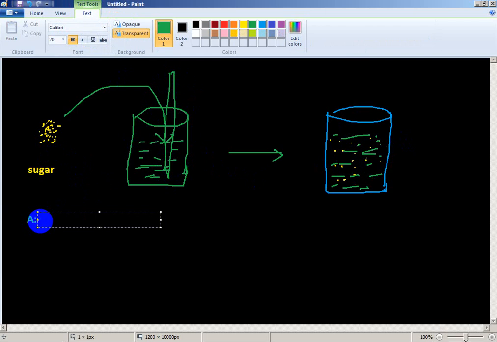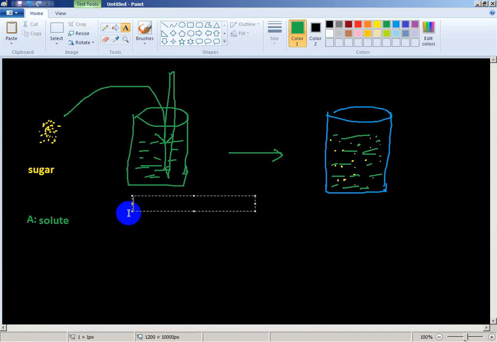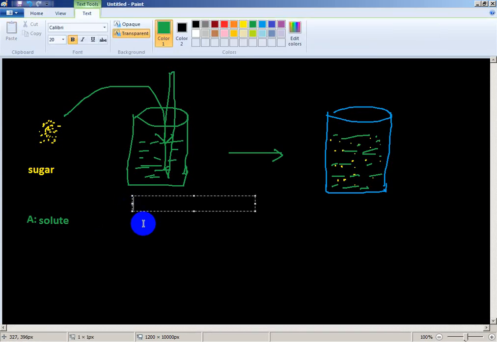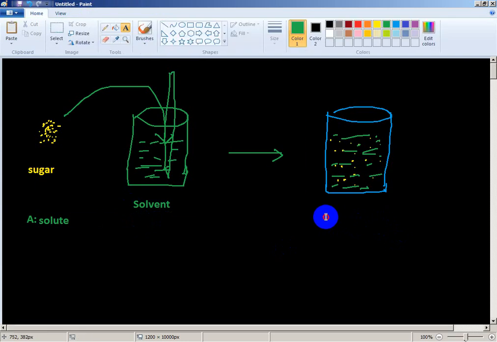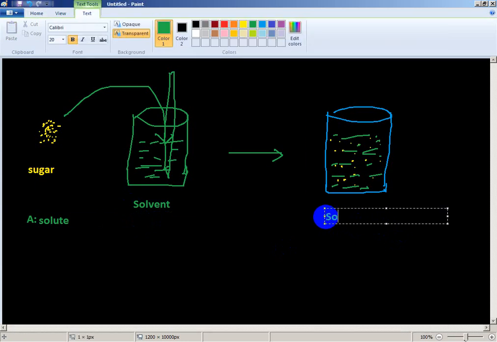A is the solute, and this one is the solvent, and this one is the solution.